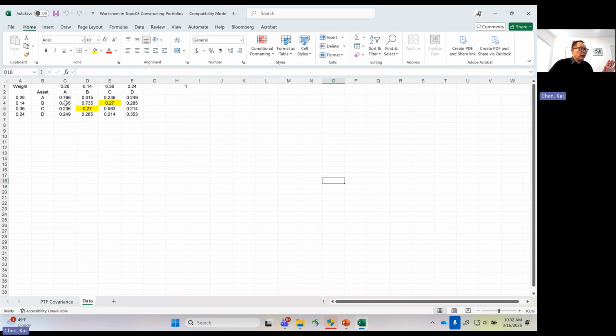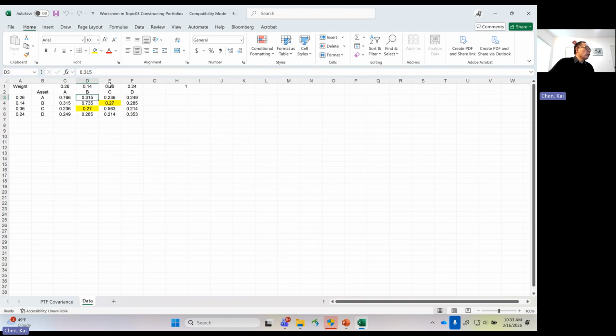Two covariances which are symmetrical around the diagonal have the same value, right? This one and this one have the same value.